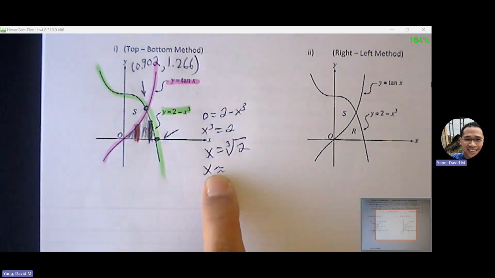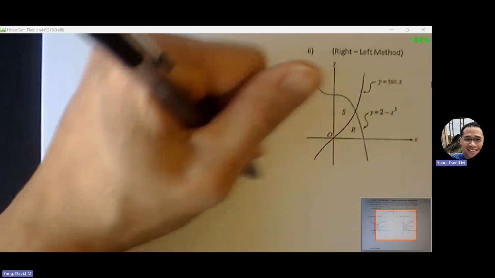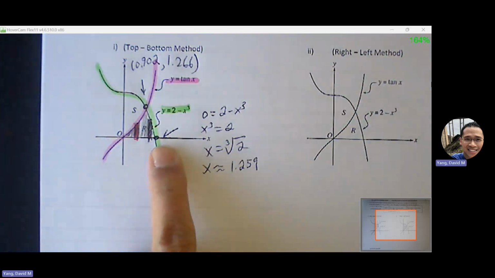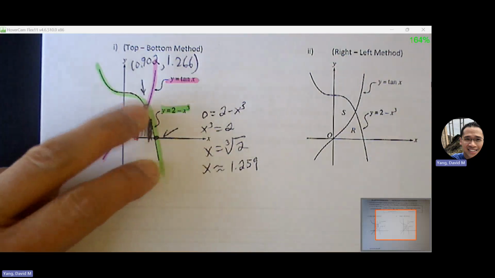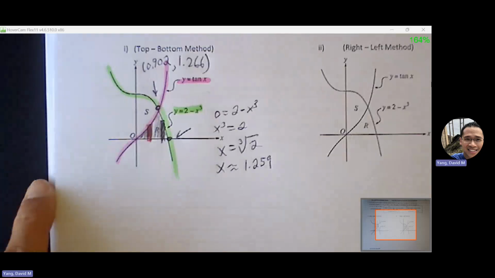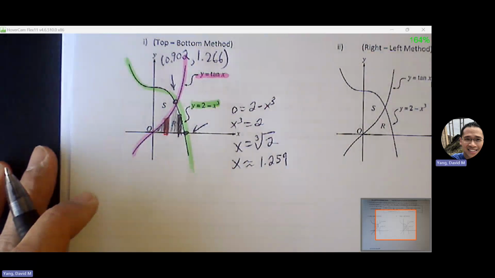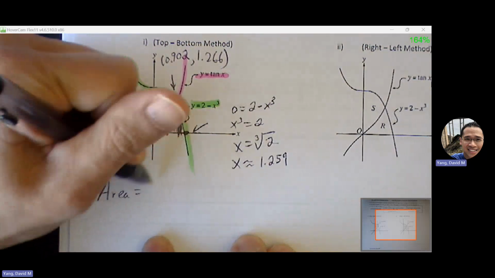I solved it to be x equals cube root of 2, and cube root of 2 is around 1.259. But you could also just as easily go into your calculator and do second trace, zero, and then find that x-intercept. Okay, but we need two separate intervals, right? We have two separate top functions, and so we can't just rely on one area formula.